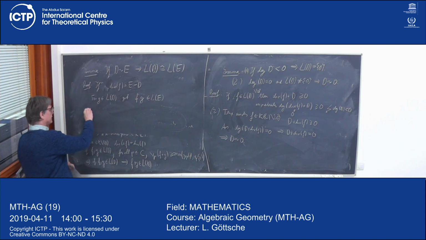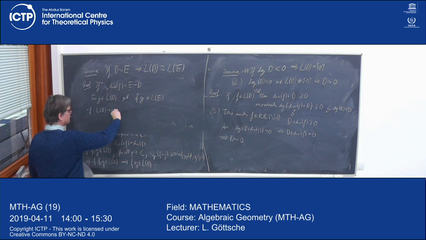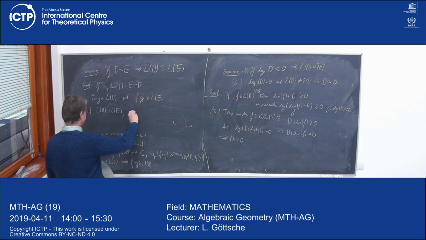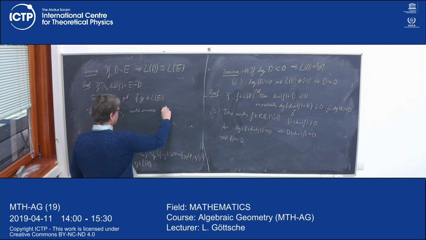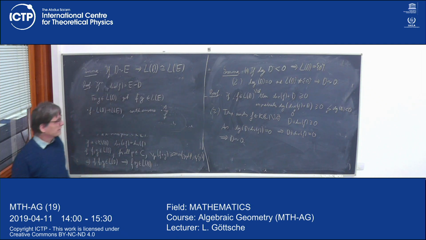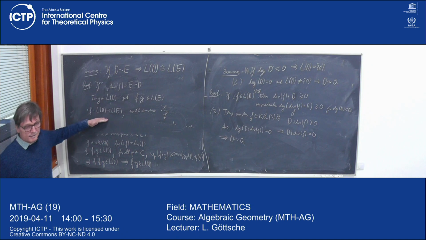So multiplication by f is a map from LD to LE, and the inverse is multiplication by 1 over f. Okay, so I haven't done this in detail, but it's really a simple exercise.